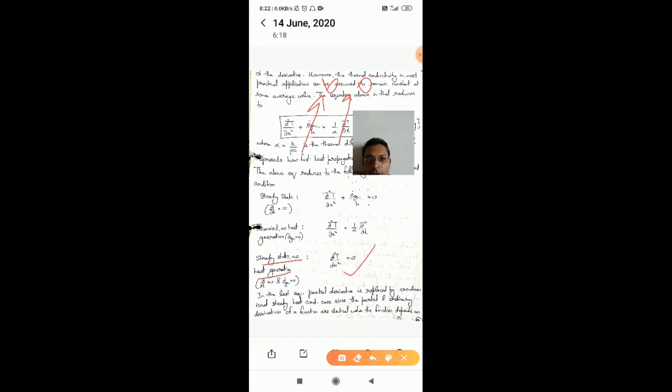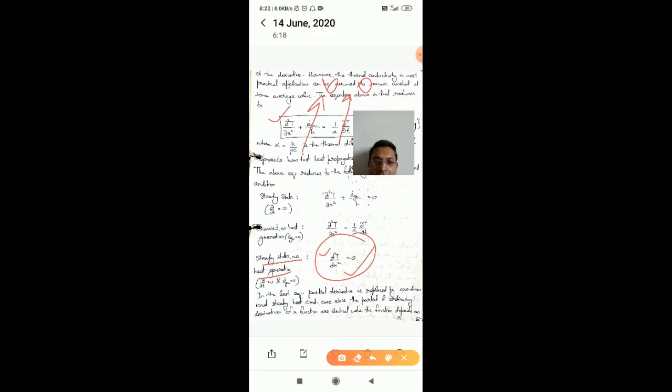Now just go to this one and have a look. I have written d square T here, whereas there it is written as del square T. Why have I written this?